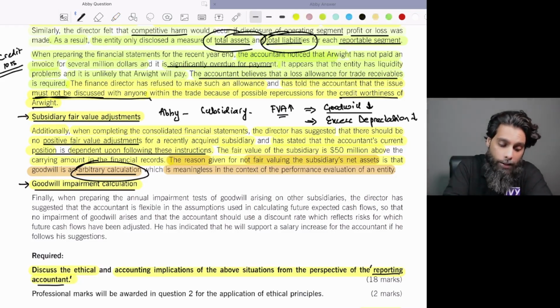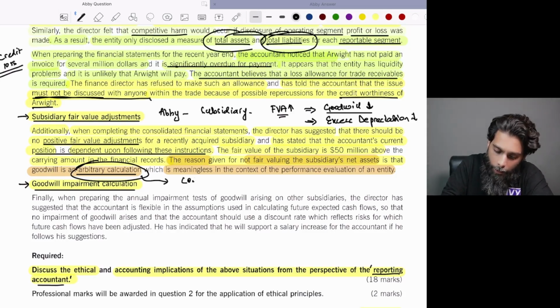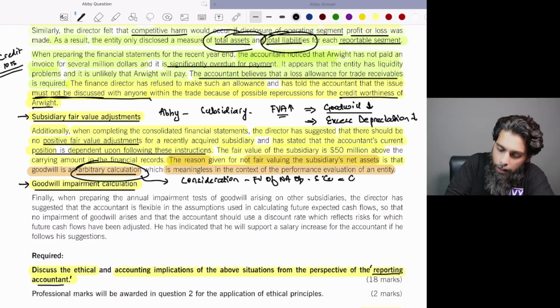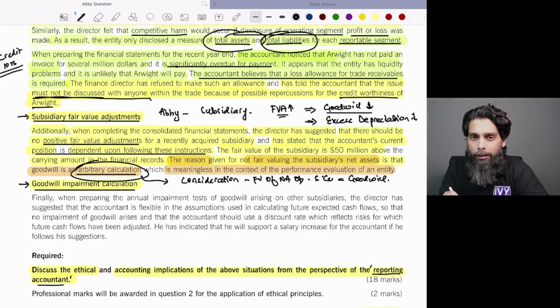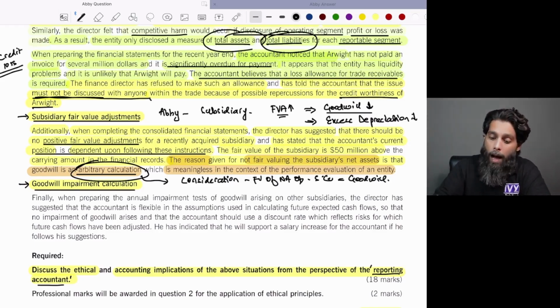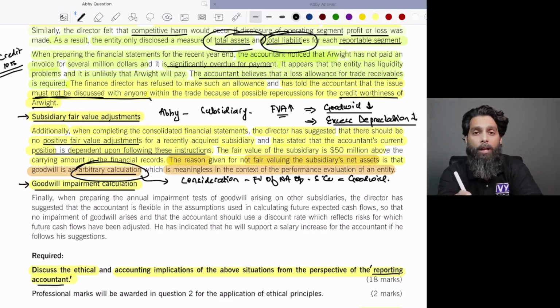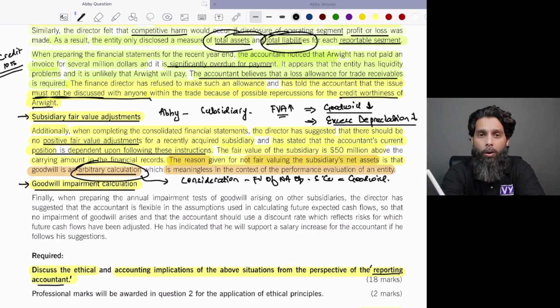Goodwill, first of all, is not an arbitrary calculation. Goodwill is the excess amount of consideration that you have over the fair value of net assets of S company. So it's not something arbitrary. And plus, goodwill calculation and the upcoming excess depreciation is relevant information being provided to your shareholders based on fair value basis.